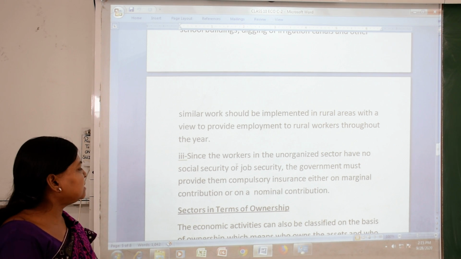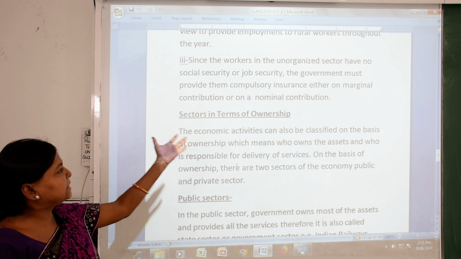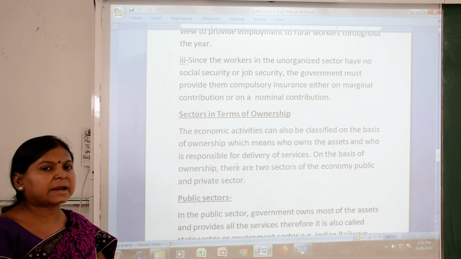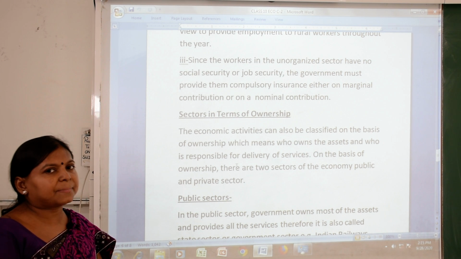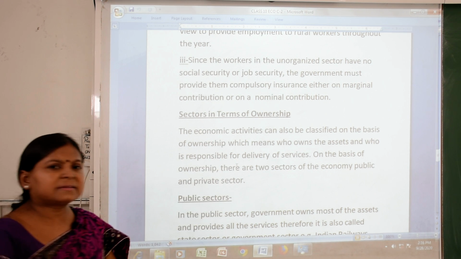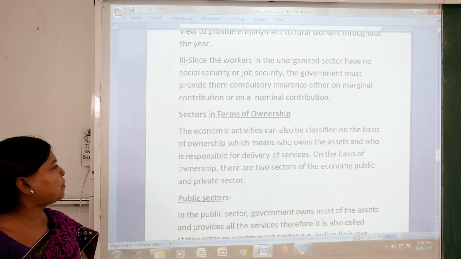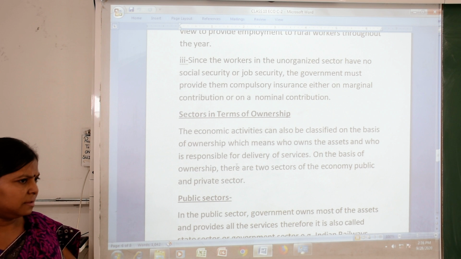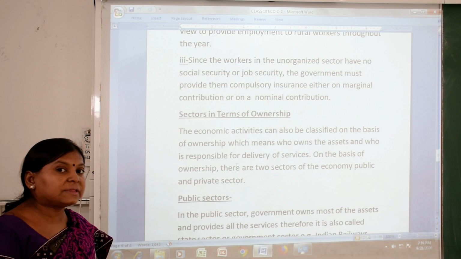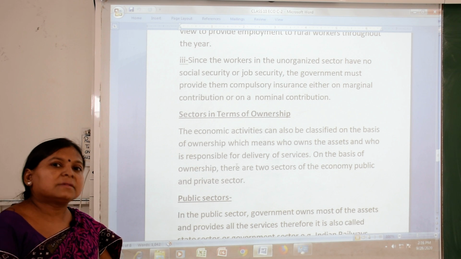Next, what are the sectors in terms of ownership? Now we are going to study the public and private sectors. Economic activities can be classified on the basis of ownership, which means who owns the assets and who is responsible for delivery of the services.